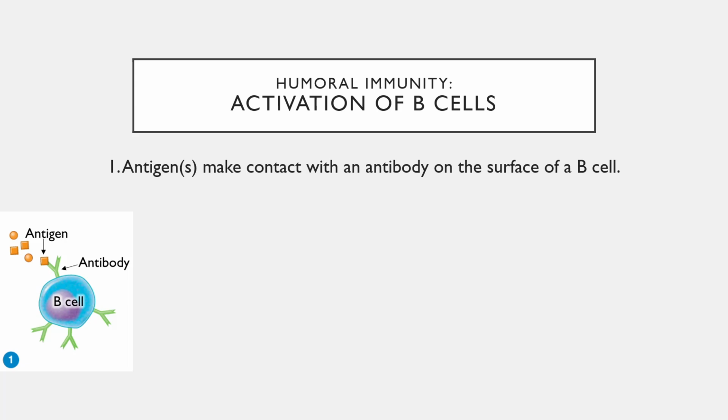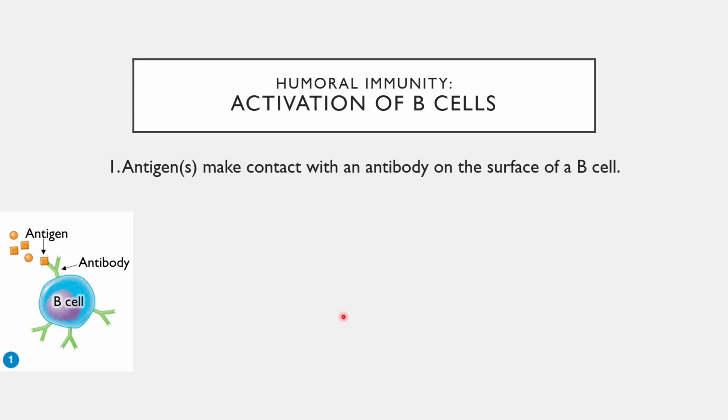B cells are responsible for generating antibodies, and they're also responsible for retaining immunological memories in the immune system. So what antibodies will do is they'll play a role in activating B cells, and they will play a role in initiating those B cells transforming into memory cells. So let's take a look how that happens.